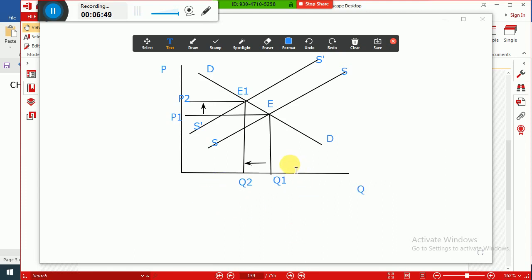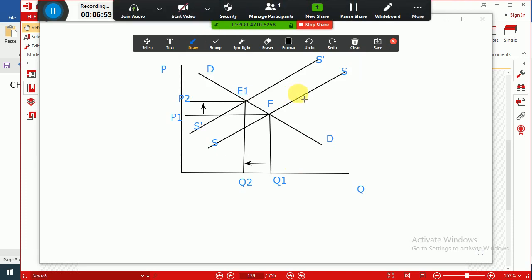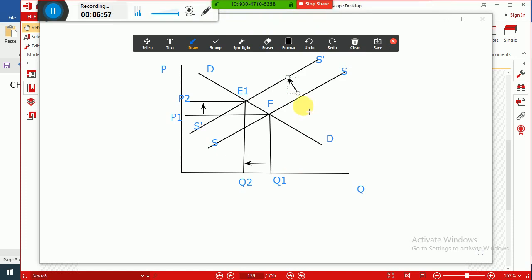So what is the result? When the supply curve shifts leftward, that shows a decrease in supply. The new market equilibrium point is E1, where equilibrium quantity has decreased from Q1 and equilibrium price has increased from P1 to P2.